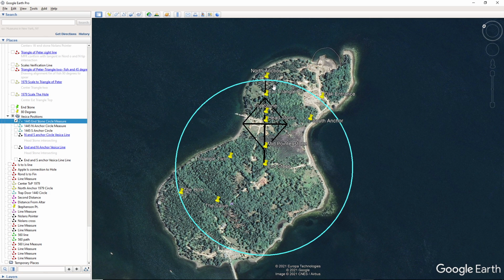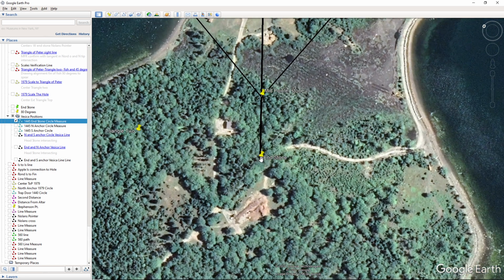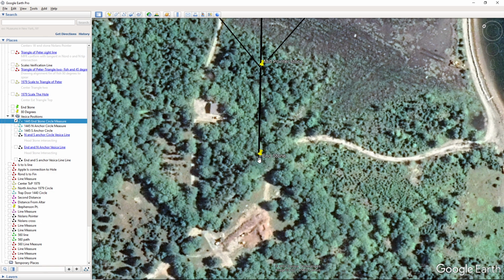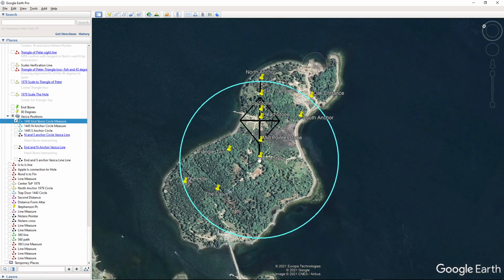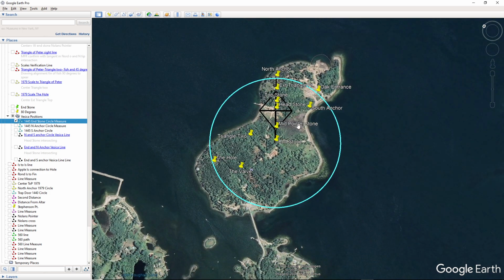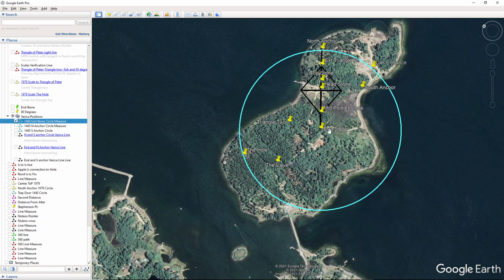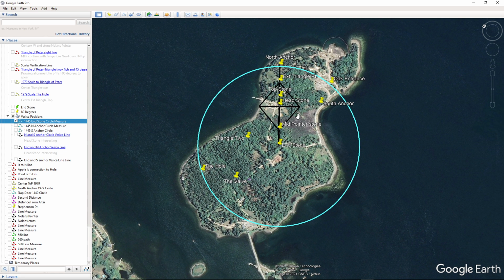So this is a circle that is coming from the center of the end stone. So the end stone is the center. And if you notice, it goes through the oak entrance, and it also goes through what we call the hole. These are points that are on the Rochefoucauld map.